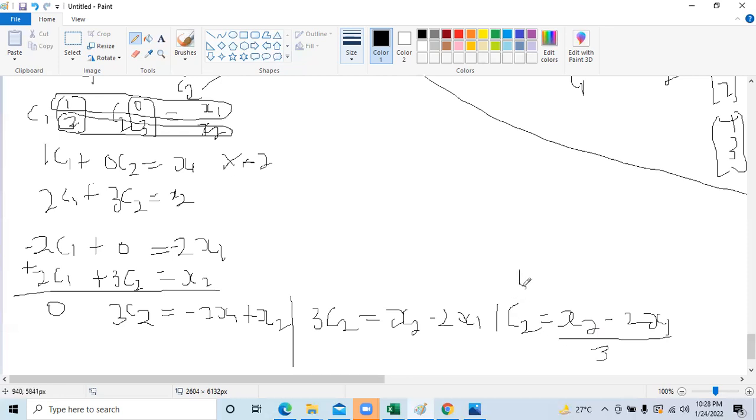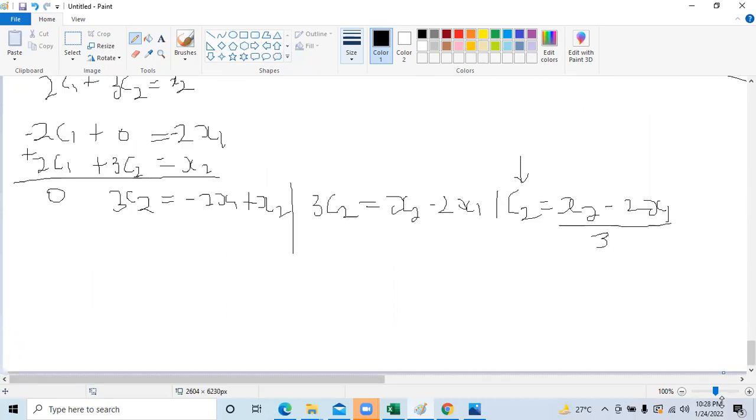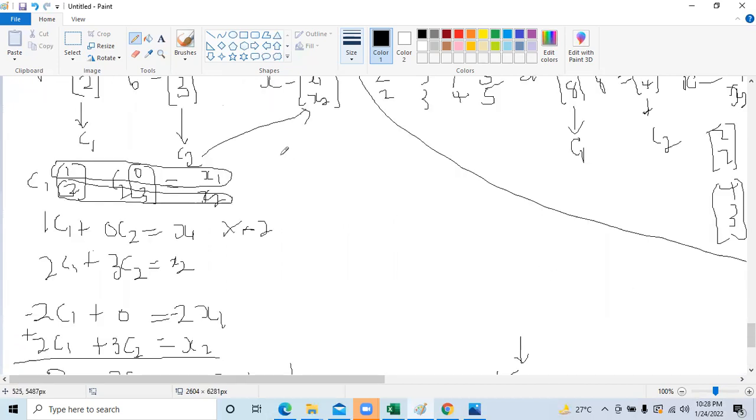Let's go and get the value of C1. The value of C1 for this example is very easy for us. The reason is that if we recollect, this equation has made C1 very easy: 1 C1 equals X1.